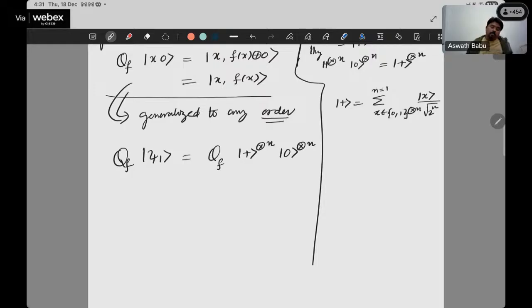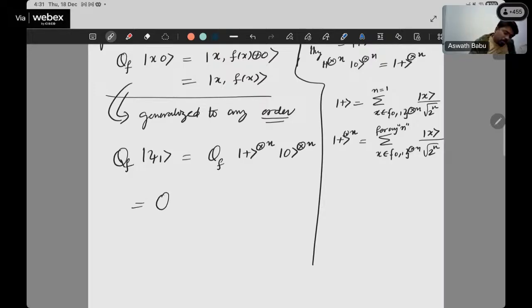For a plus ket, if I have to write a plus ket tensor n, I'll have summation over x belongs to 0 comma 1 tensor n, x ket divided by square root of 2 to the power of n for any n. So I have it here.